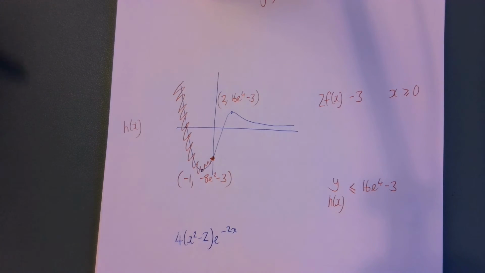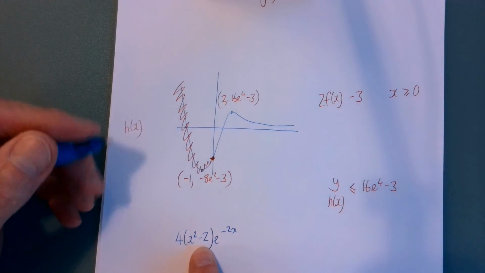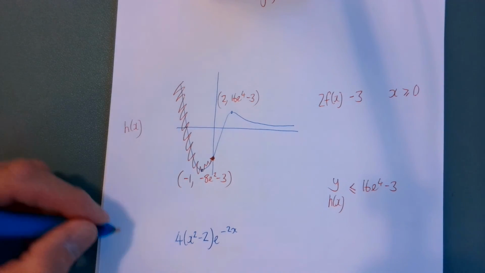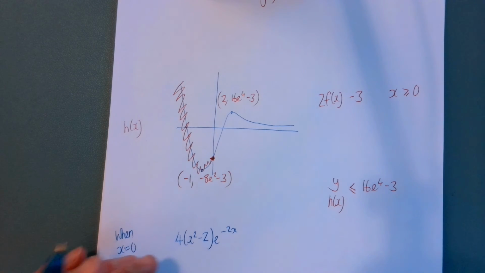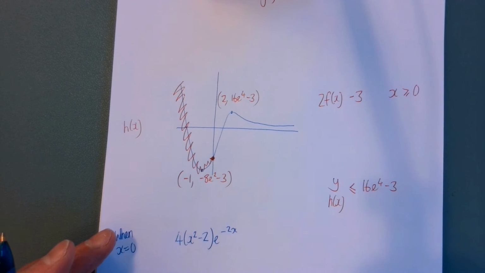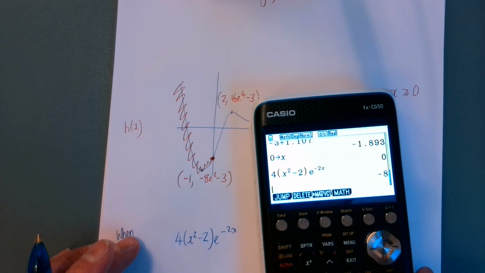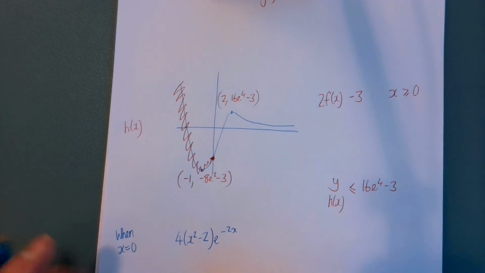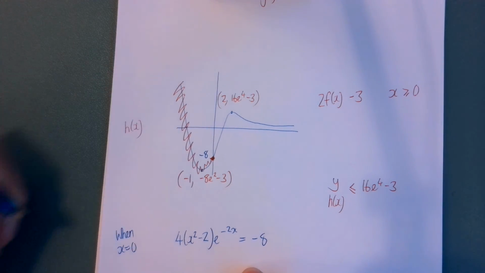So where would that original function have crossed the y-axis? Well, I know that's when x is 0. So when x is 0, I'm just going to work this out, and I'm going to use my calculator for that. And I get minus 8. So that value was minus 8.